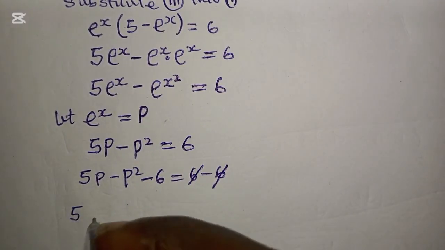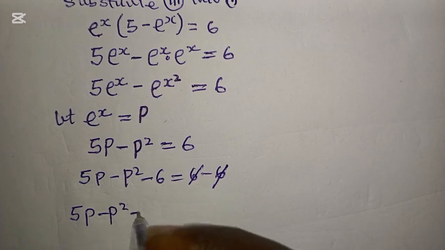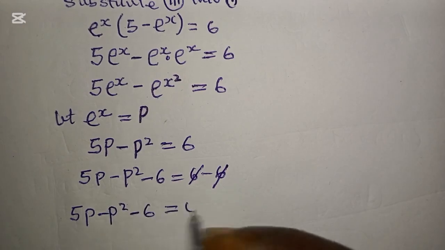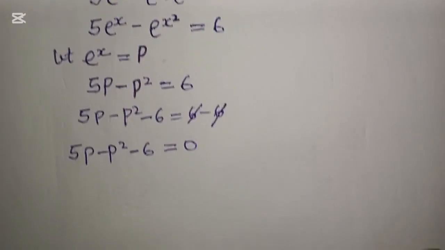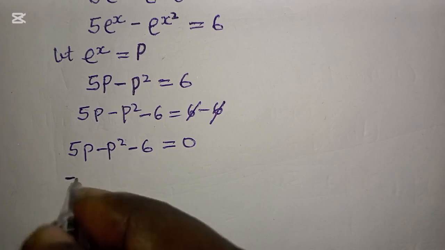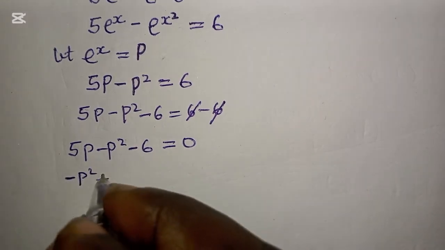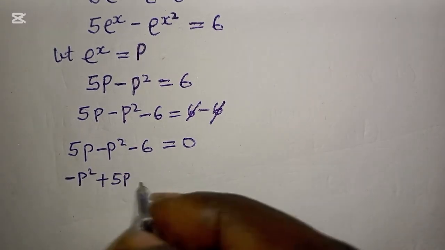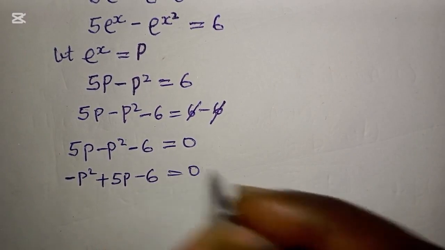So I have 5p minus p squared minus 6 equals 0. This looks like a quadratic equation. So let's rearrange: minus p squared plus 5p minus 6 equals 0.